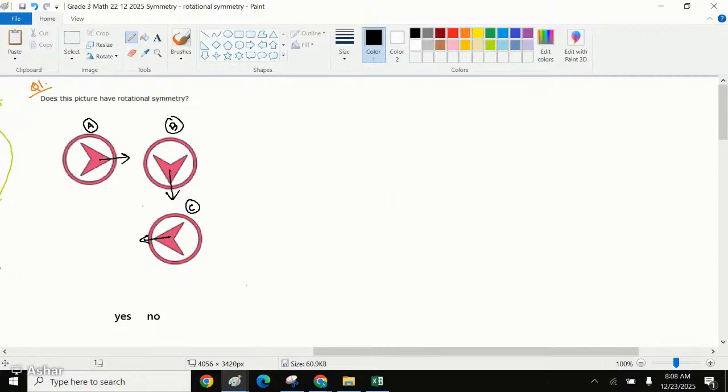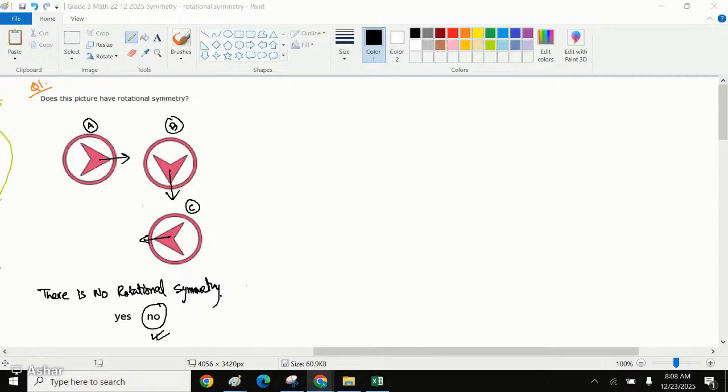But if we start to rotate the shape, shape B is pointing downwards, shape C left side. So there will be only one position, right? That means we say the shape does not have a rotational symmetry, because if we rotate it, the shape does not look the same. It has to look the same.